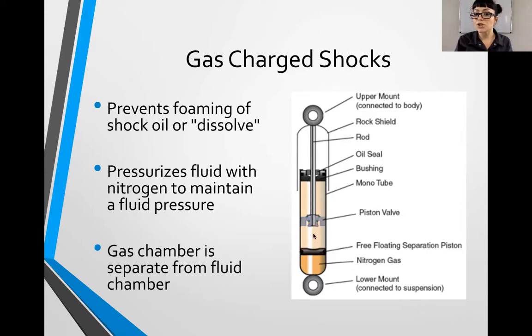We're going to get a change in volume up here. This free-floating piston is allowed to move up, and this pressure is allowed to continue to squish that fluid, kind of like a syringe. And the reason for this is to keep this fluid pressurized. If we don't keep it pressurized, it allows for the formation of air pockets.